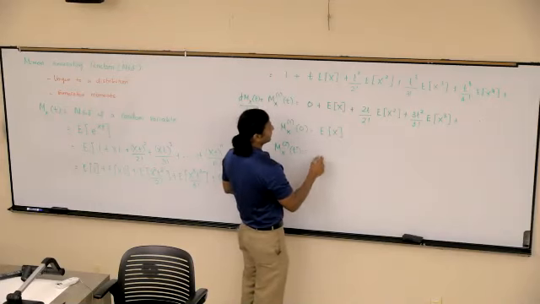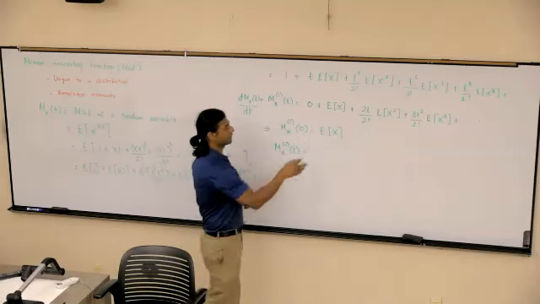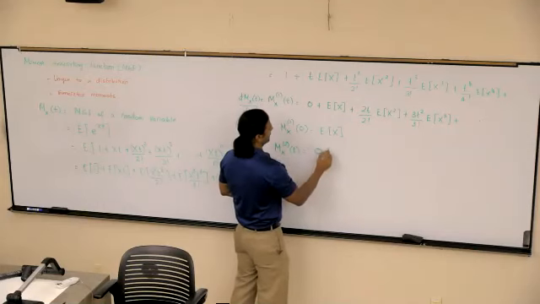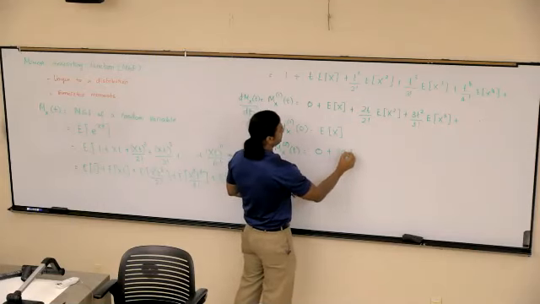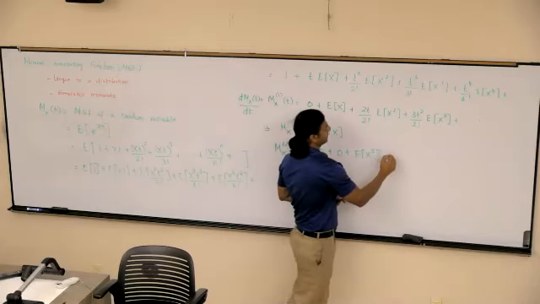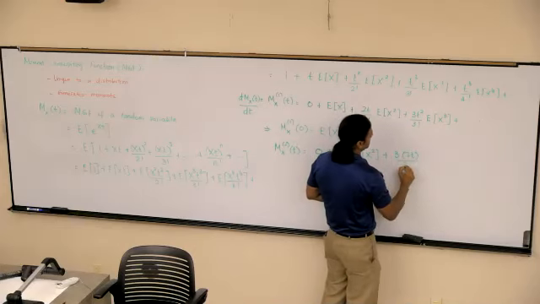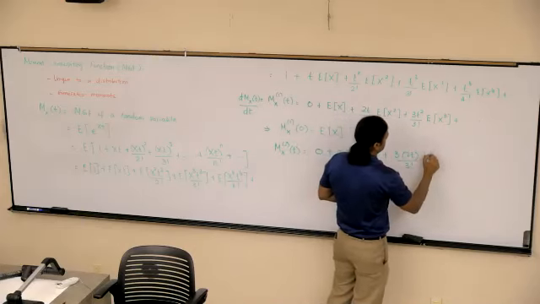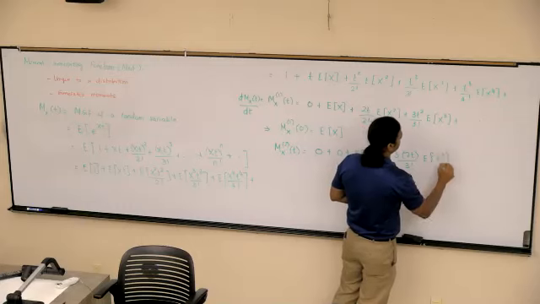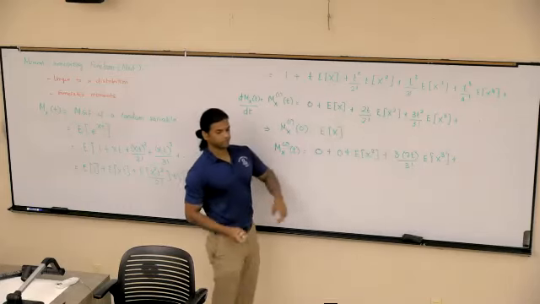The derivative of t with respect to t is also 1. So we get 0 plus expectation of X squared, plus 3 times 2t divided by 3 factorial times expectation of X cubed, plus so on.